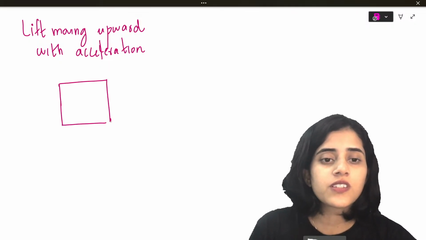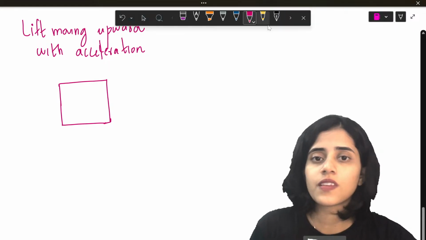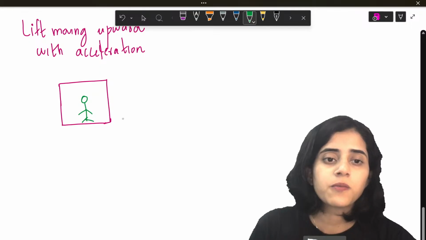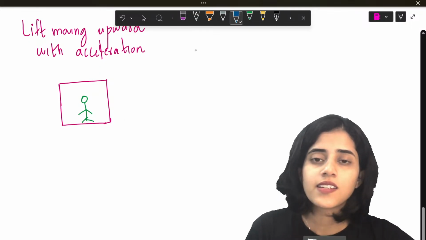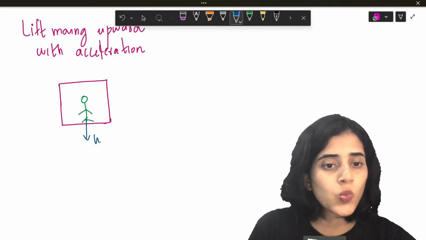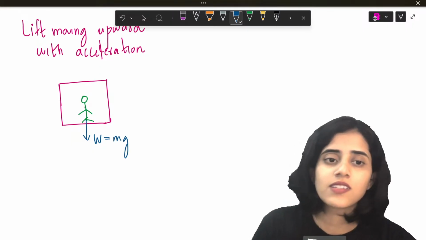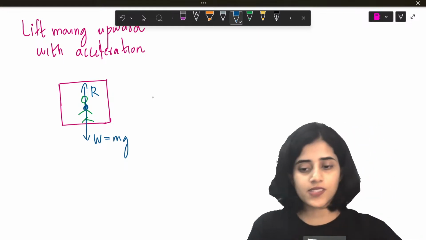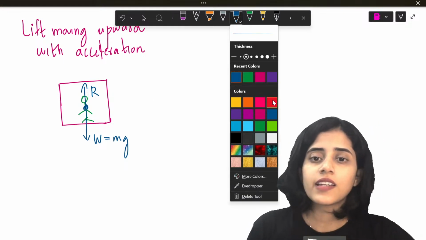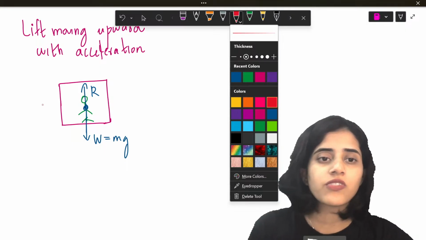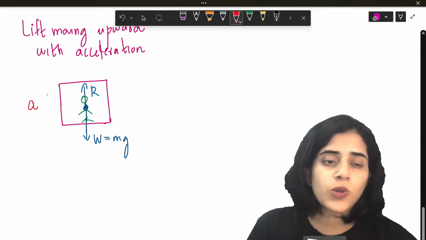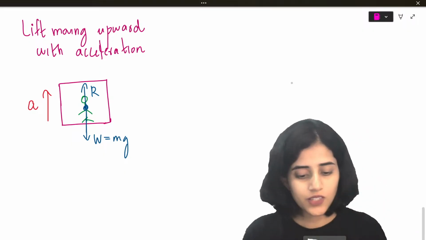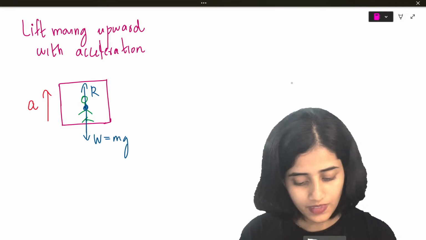This is the lift. This is that person. And he has his weight mg acting downwards, normal reaction R acting upwards. Now the lift is moving upwards, so acceleration will be upwards. So this is our case.